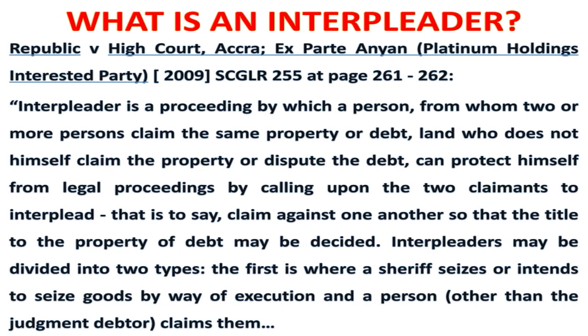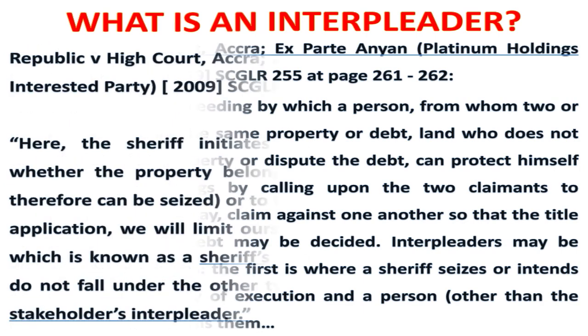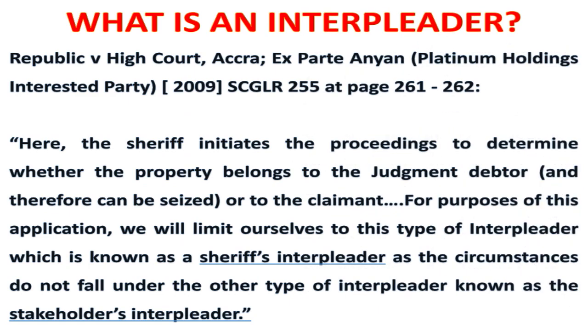Interpleaders may be divided into two types. The first is where a sheriff seizes or intends to seize goods by way of execution, and the person, other than the judgment debtor, claims them. Here, the sheriff initiates the proceedings to determine whether the property belongs to the judgment debtor and therefore can be seized, or to the claimant.